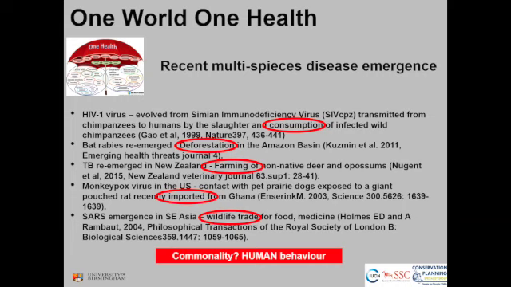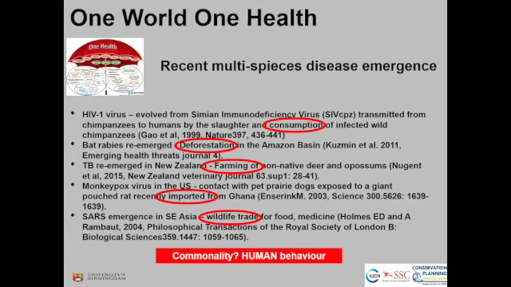This could be argued that for the HIV-1 virus to evolve in humans, somewhere along the line there was consumption of infected chimpanzee meat. Bat rabies, deforestation, farming, importation, wildlife trade, illegal versus legal. We always talk about the illegal wildlife trade. The legal wildlife trade also needs to be mentioned there as well as the potential.